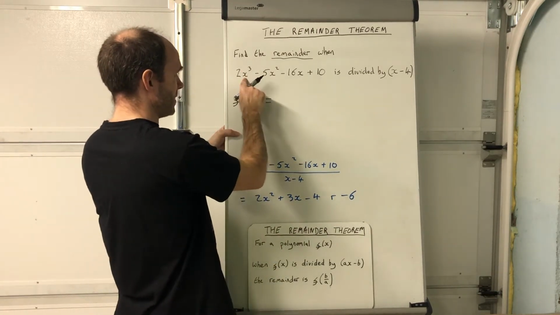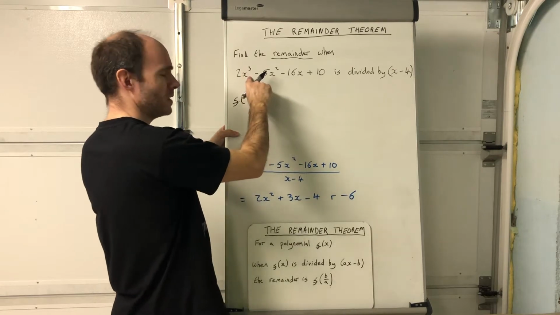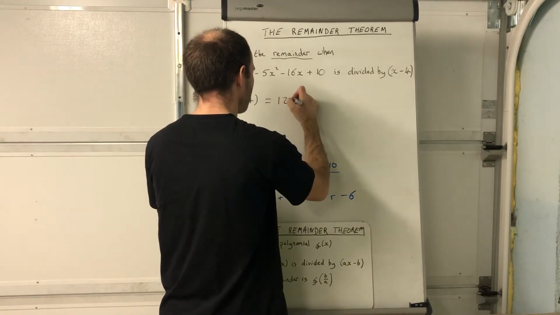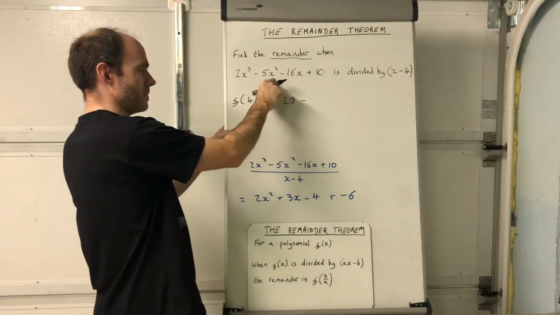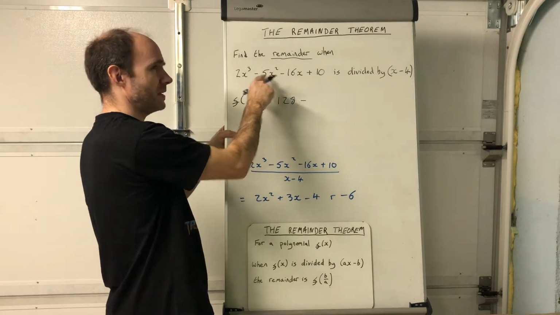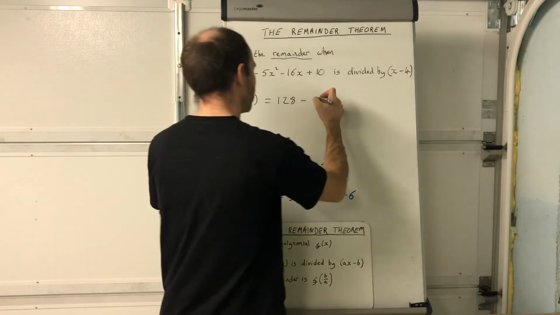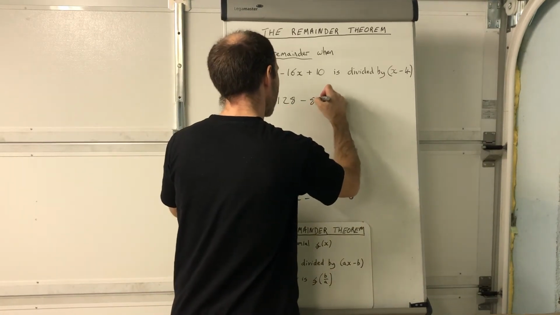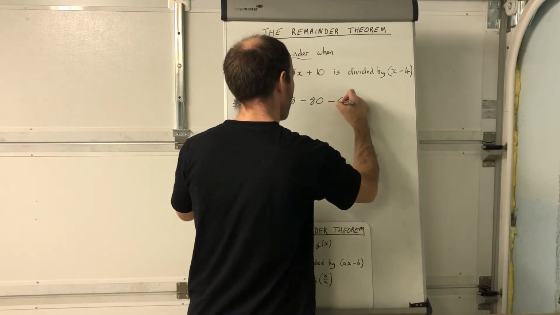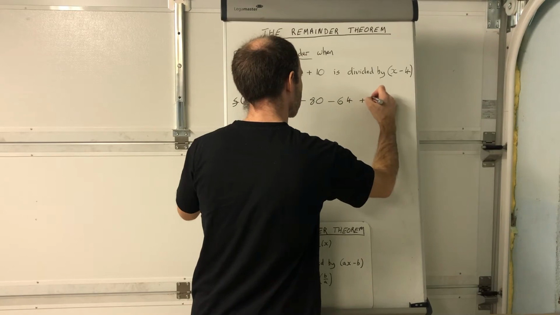So if we put 4 into this, we'll have 2 times 4 cubed. So that's 2 times 64, that's 128. Subtract 5 times x squared, so 5 times 4 squared, so it's 5 times 16, that's 80. Subtract 16 times 4, so subtract 64, and then plus 10.